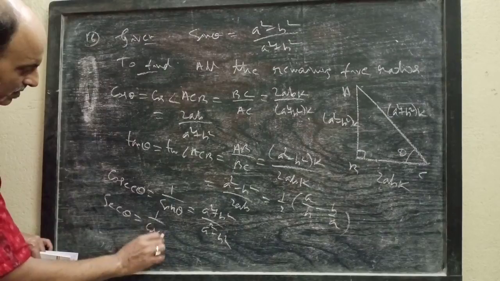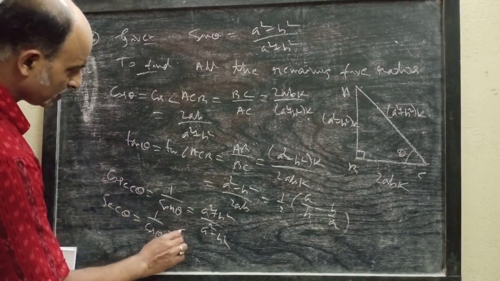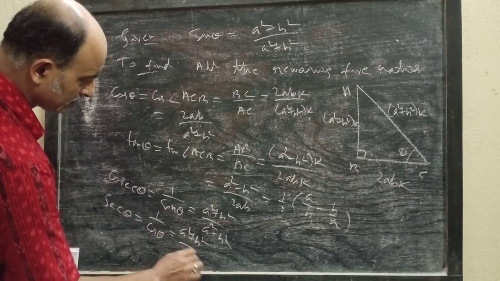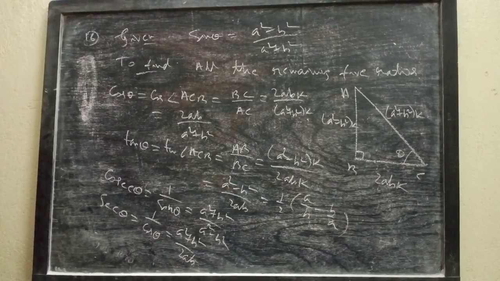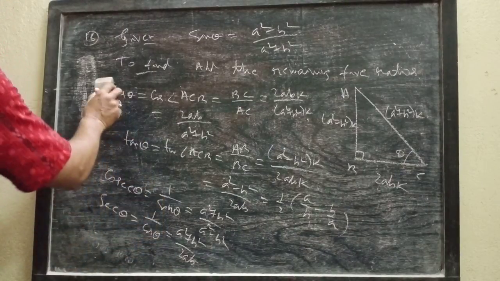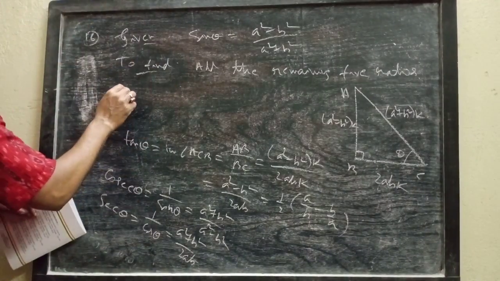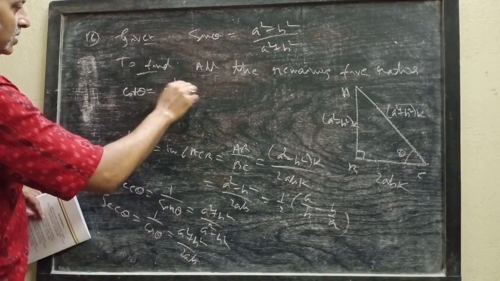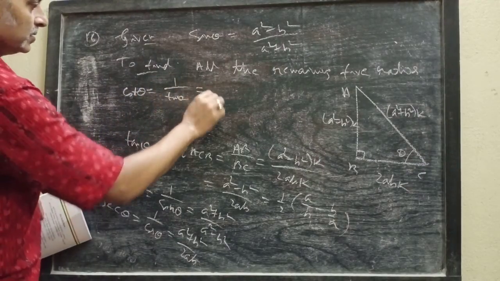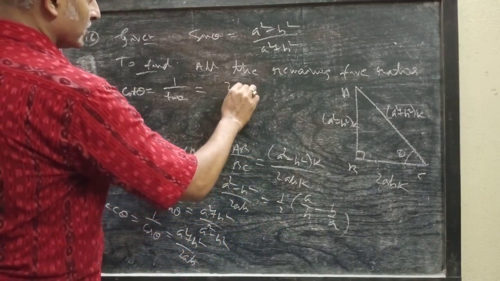Sec theta is 1 by cos theta, reciprocal of cos theta. This will be (a square plus b square) by 2ab. And then cot theta. Cot theta is reciprocal of tan theta, so 1 by tan theta. This will be 2ab by (a square minus b square).